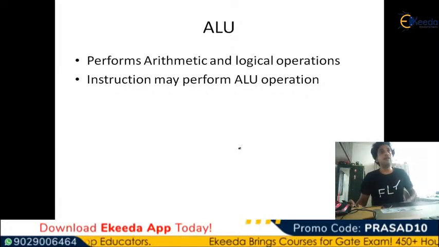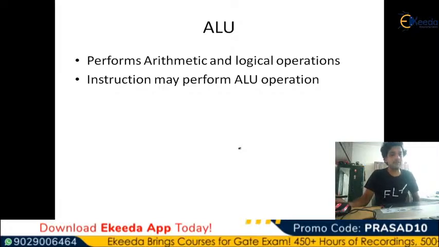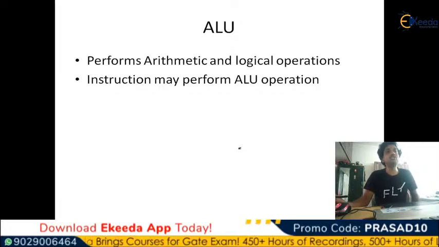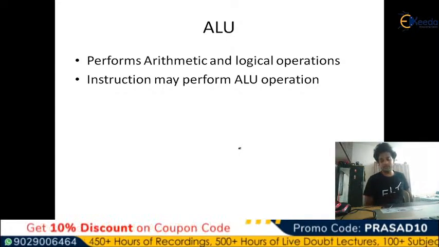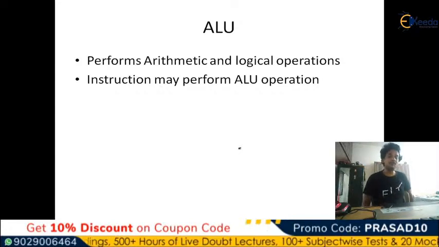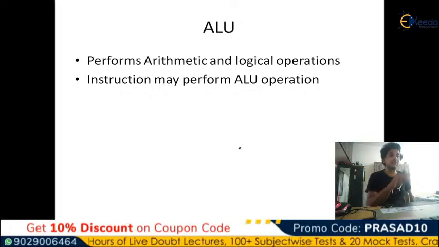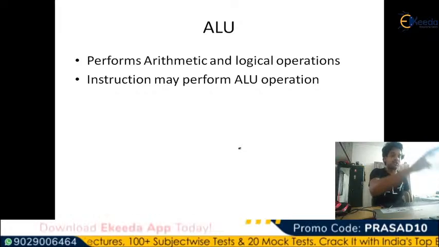Then, what is the ALU? The ALU is going to perform arithmetic and logical operations. You know what the different arithmetic operations are, and what the logical operations are. A computer system is going to execute programs, and programs are a set of instructions.